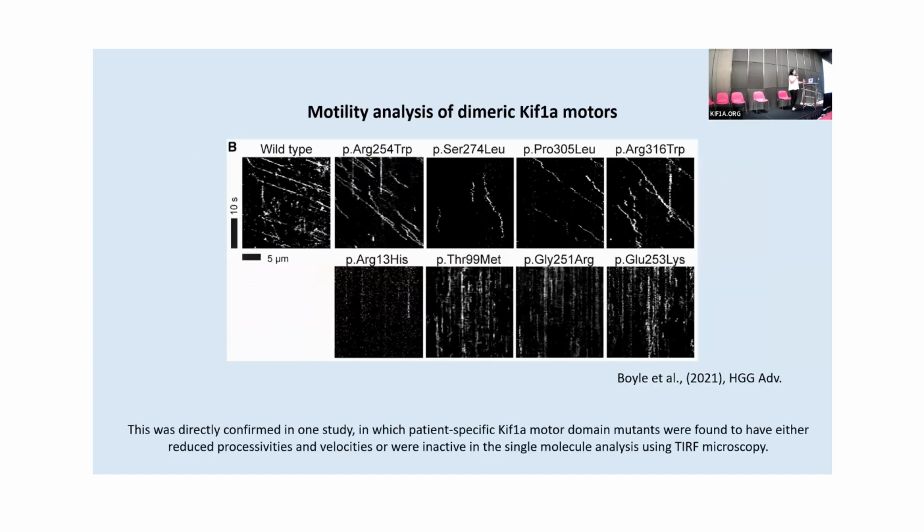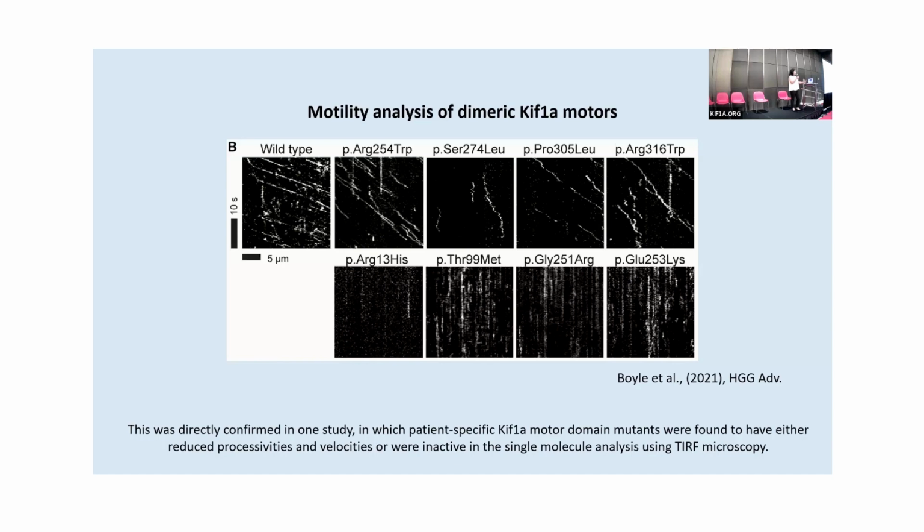And this was directly confirmed in one study where they found that patient-specific KIF1A motor domain mutations did have either reduced processivities or velocities or were completely inactive in the single molecule assays. So if the first top left panel represents wild-type KIF1A, where the slanting lines represent movement, in the successive panels, the lines have become steeper, suggesting that the movement is diminished.